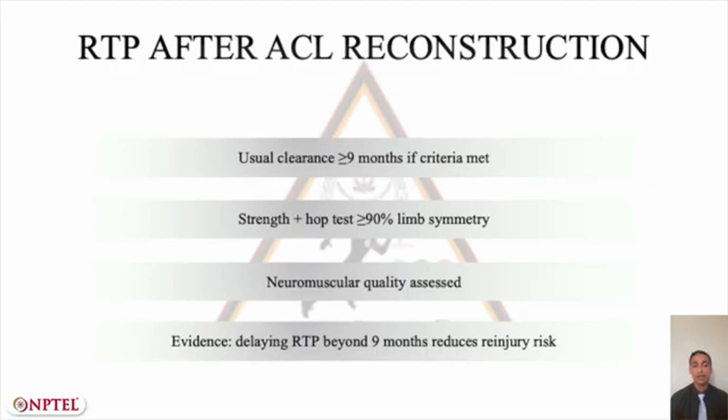Athletes must pass hop tests and have good strength symmetry before clearance. Neuromuscular control is often checked in these athletes as discussed previously. Delaying RTP and meeting criteria dramatically lowers graft failure rates and hence reduces risk of re-injury.